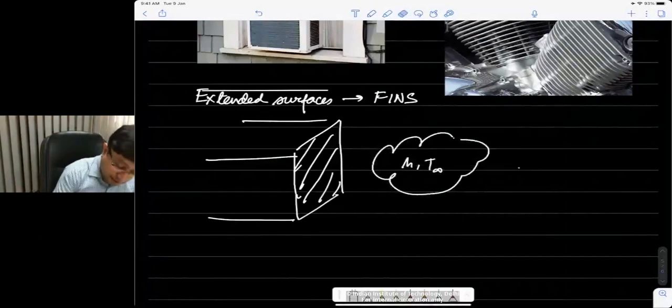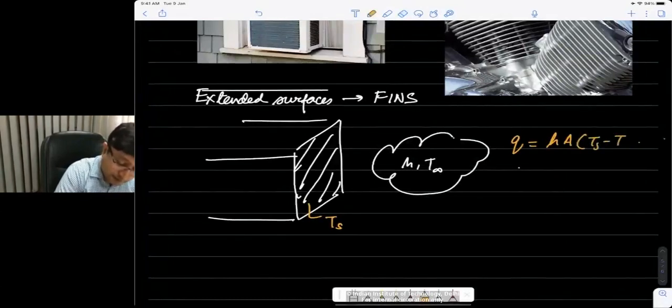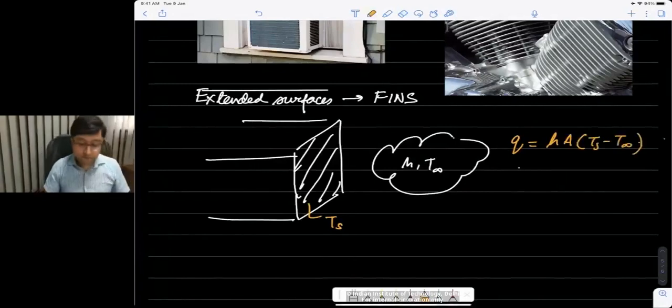Let's say the surface has some temperature Ts. So the rate of heat transfer between the surface and the surrounding fluid would be given as h A (Ts minus T infinity), which is by Newton's law of cooling.